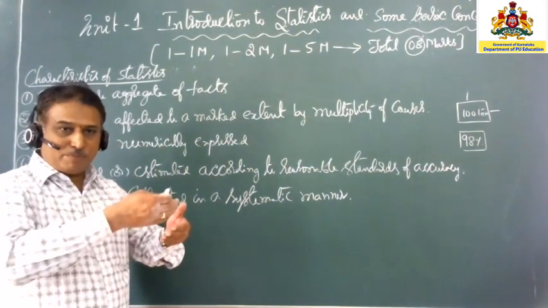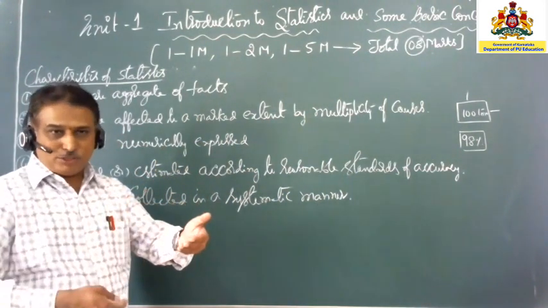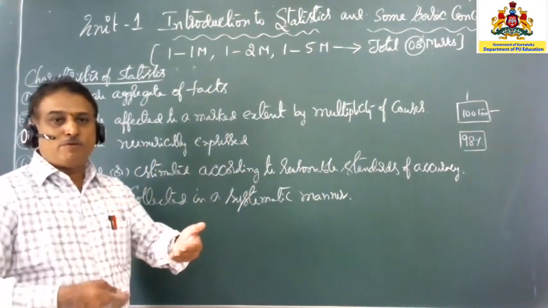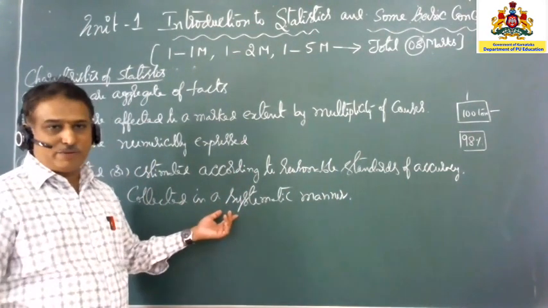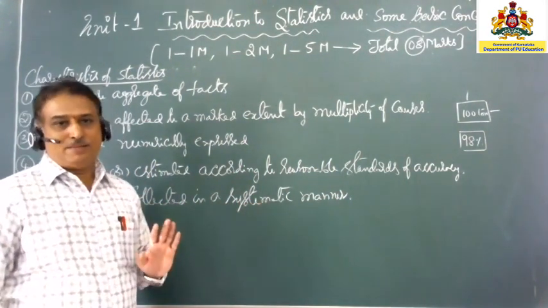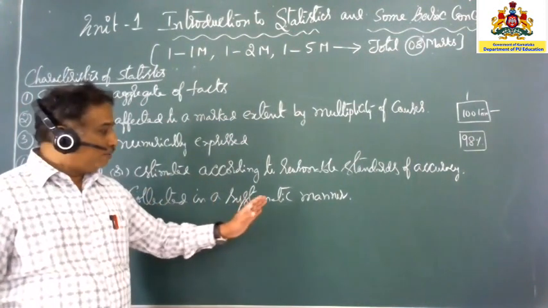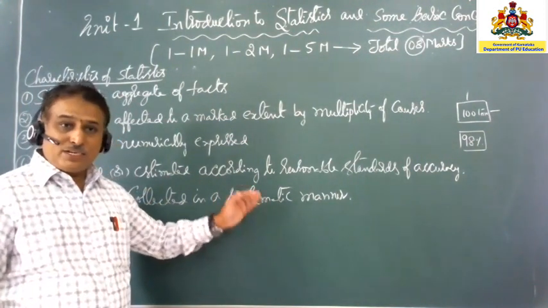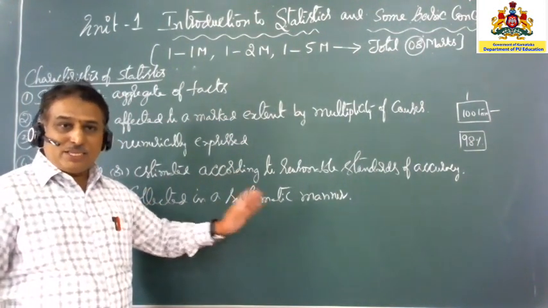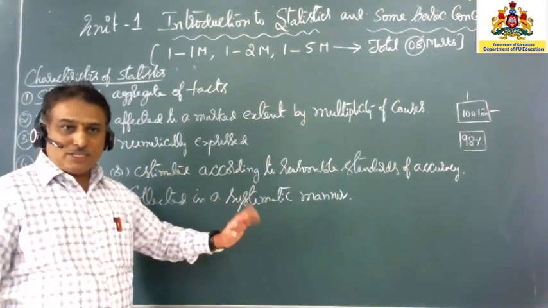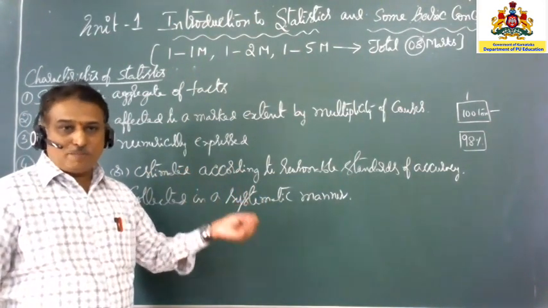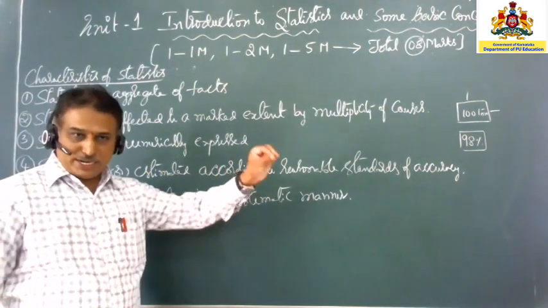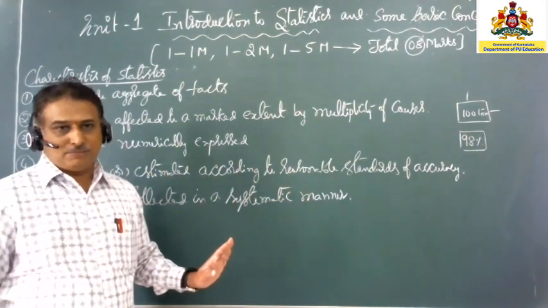In a step-by-step procedure, he has to prepare a questionnaire. Based on that questionnaire, he has to collect the information in a systematic manner. If you collect the information in a systematic manner, there is no confusion. Definitely, you will apply the correct formulas, you will get the correct results.